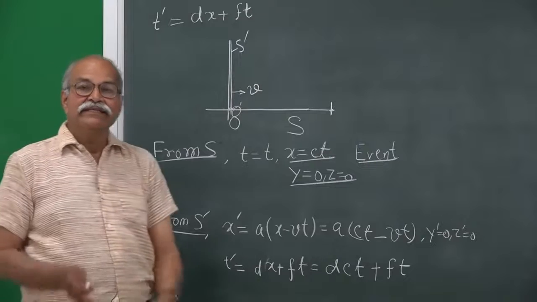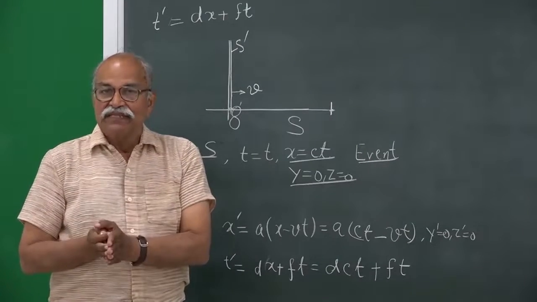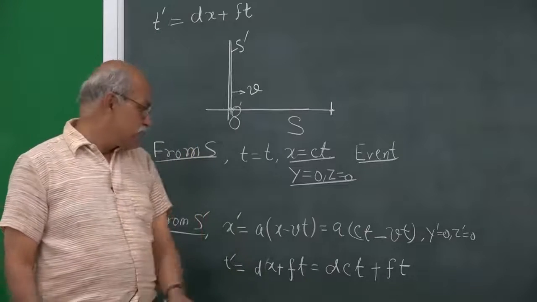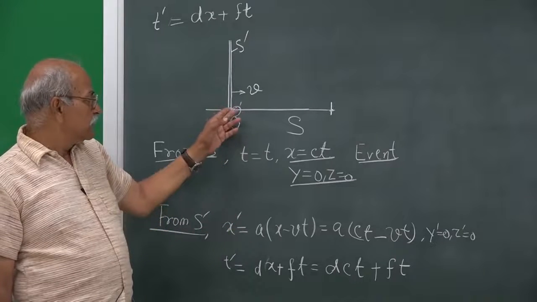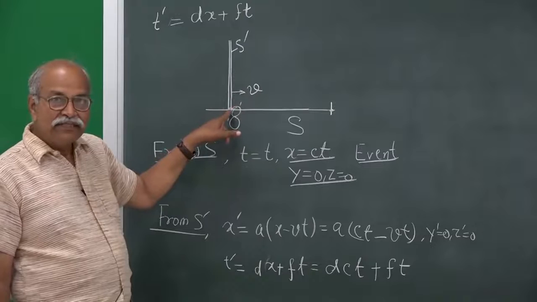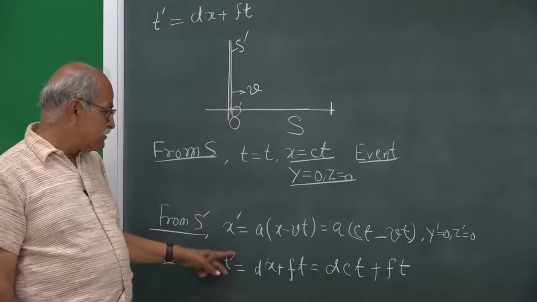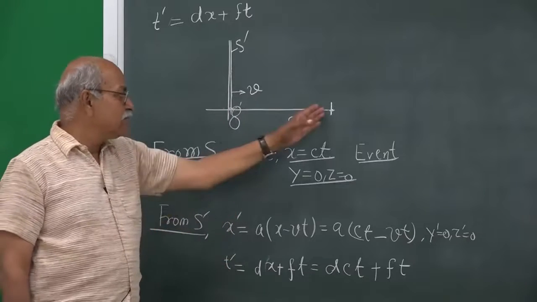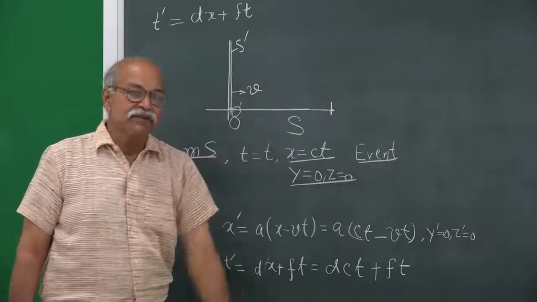How much is the distance covered by this light pulse in S prime? The distance covered is x prime, because in S prime also it was generated at the origin, and then at time t prime it is at x prime on the x axis, the leading edge of the pulse.